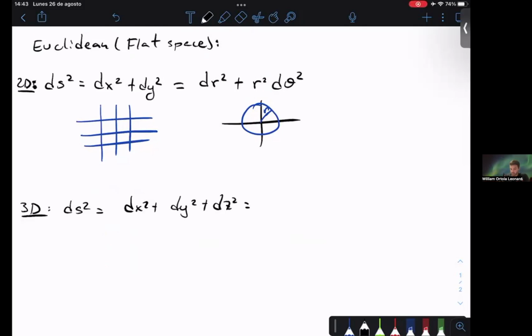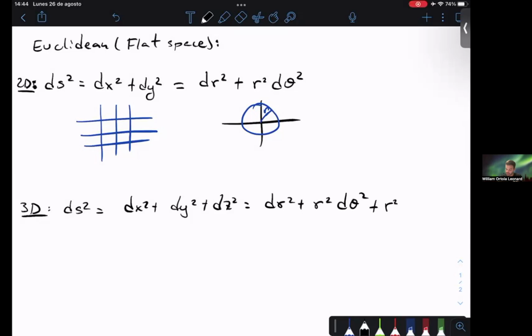But then how do we represent it in a three-dimensional space which has a spheroid shape? The three-dimensional version of a circle is a sphere. So this is actually going to be given by dr squared plus r squared d theta squared, and then the next coordinate, which is going to be represented by our sphere, is the phi angle, which is our third coordinate.